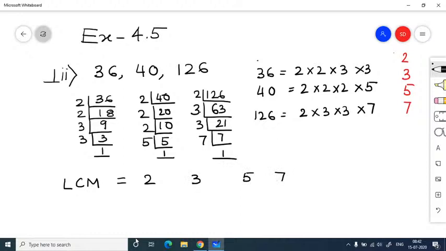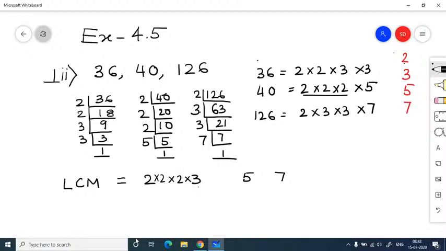Now let us see how many times 2 is there in each one of them. Here 2 is 2 times, here 3 times, here 1 time. So which is the maximum? This one, right? 2 is 3 times. So I will give 2 into 2 into 2.